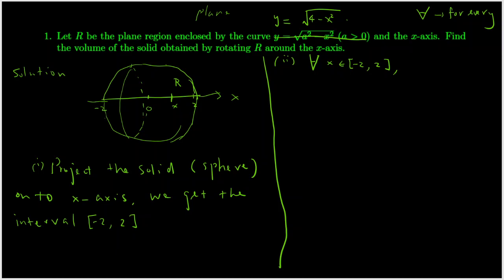For each x in between -2 and 2, the cross section perpendicular to the x-axis is a circle.